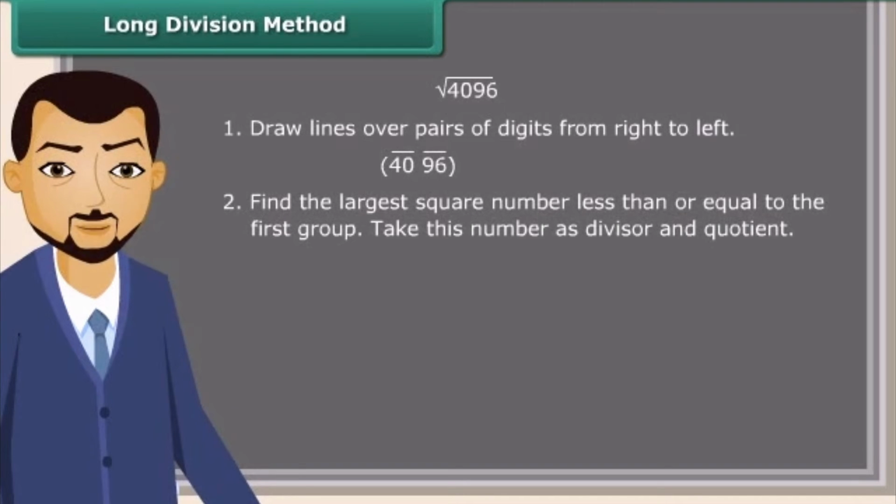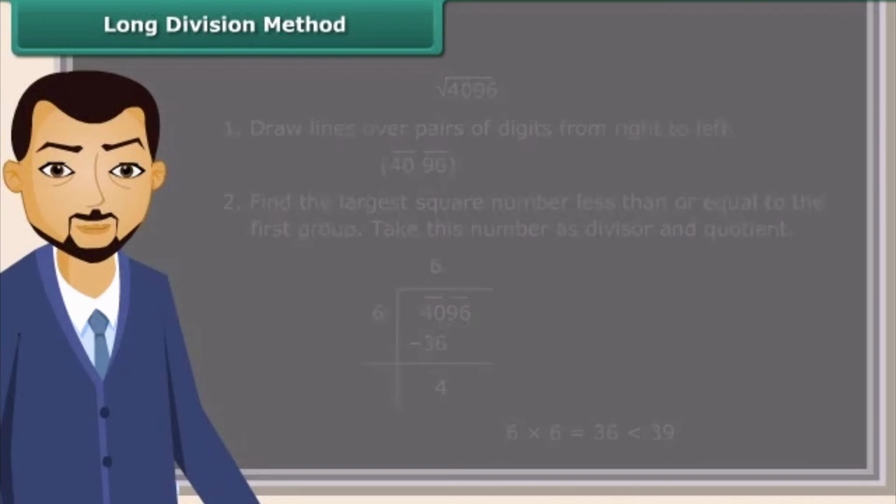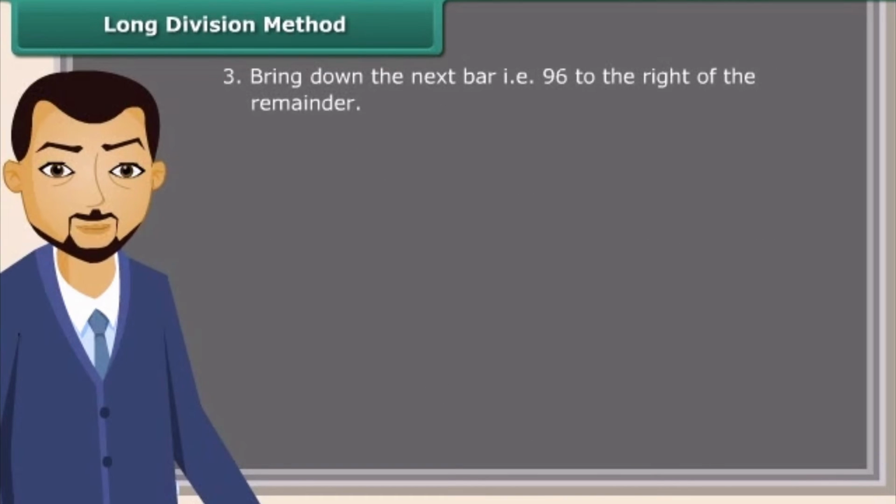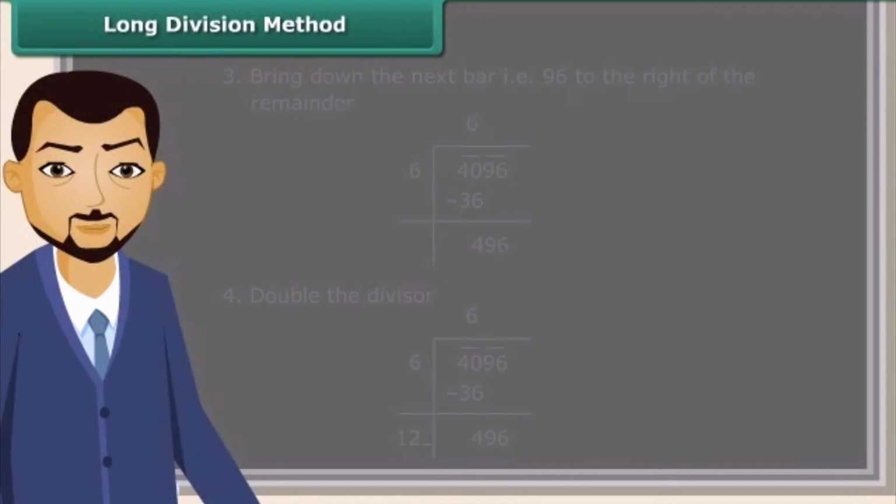Since 36 is less than 40, so we take 6 as the divisor and 6 as the quotient. Now subtract 36 from 39. After that, bring down the next bar, that is 96, to the right of the remainder. Now double the divisor.